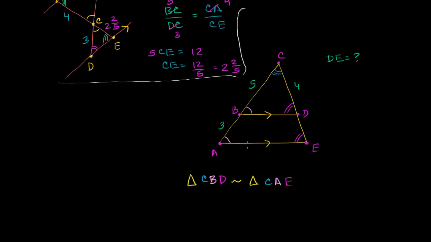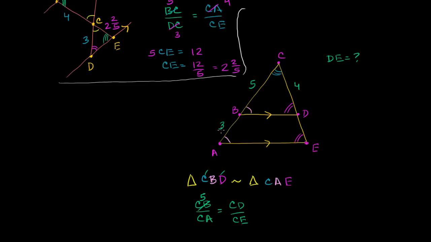So we know, for example, that the ratio of CB over CA is going to be equal to the ratio of CD over CE. We know CB is 5. We know CA, and we have to be careful here, it's not 3.